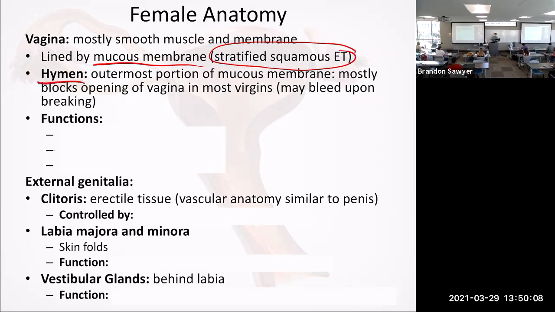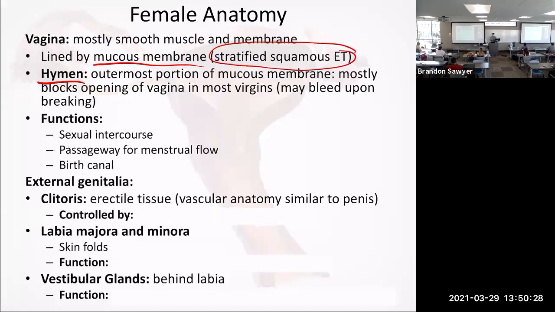The hymen is the outermost portion of this mucous membrane, early in a female before sexual intercourse, or sometimes it can happen in other ways as well. It pretty much completely blocks the opening of the vagina, and there may be some bleeding that occurs when that first breaks. The functions of the vagina are, obviously, sexual intercourse, passageway for menstrual flow, and birth canal.